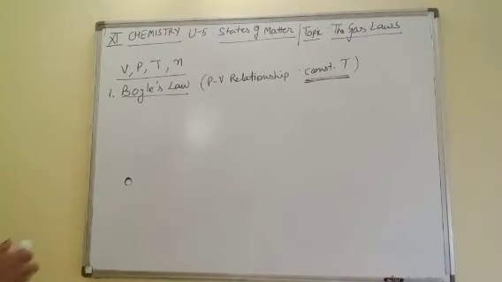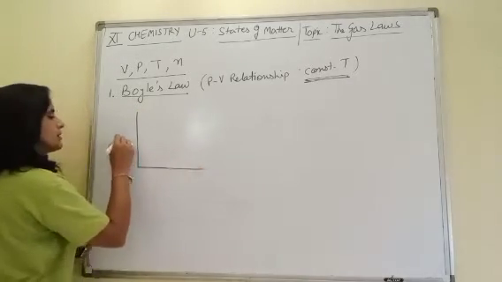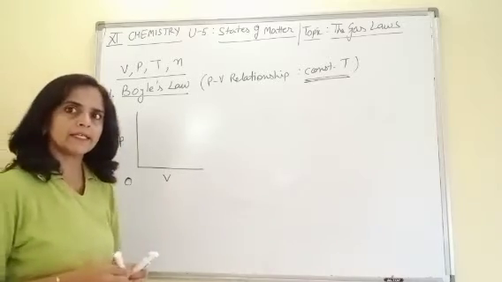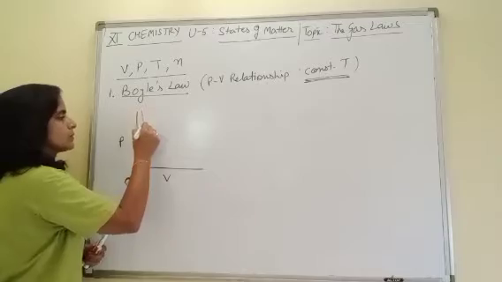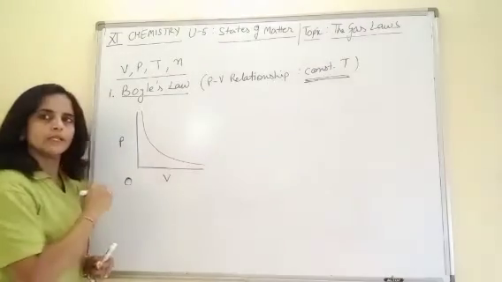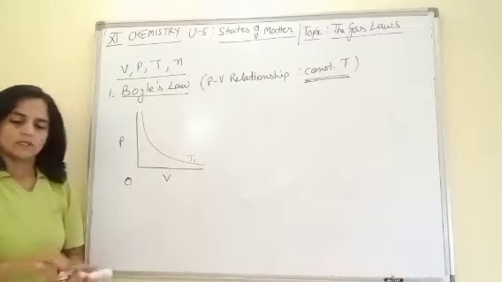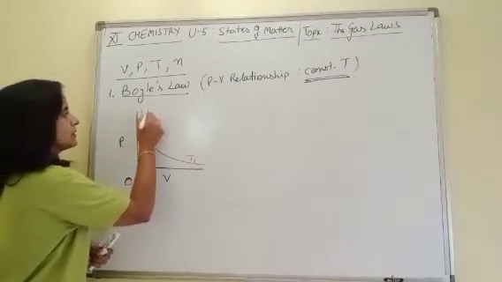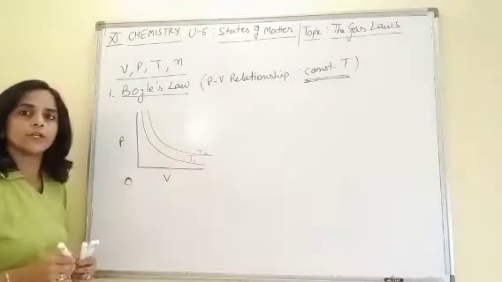Clear? I am giving you one more graph between pressure and volume. This graph is given in NCERT. The three graphs: the first one, the temperature given here is T1. The second one is for temperature T2.